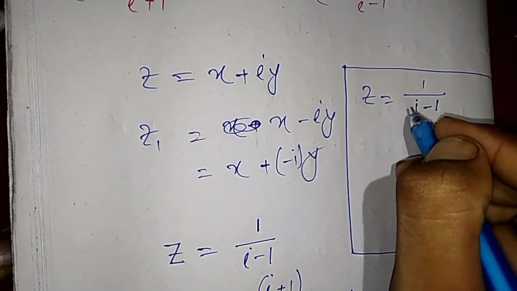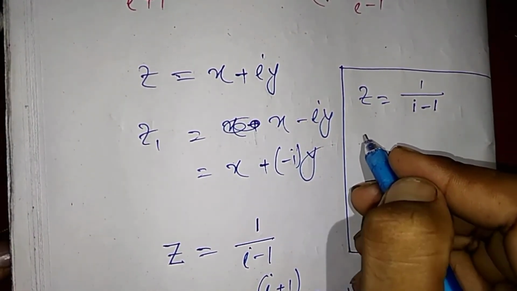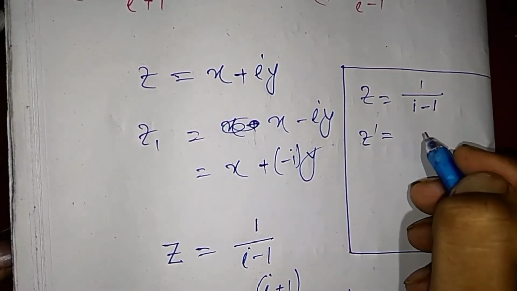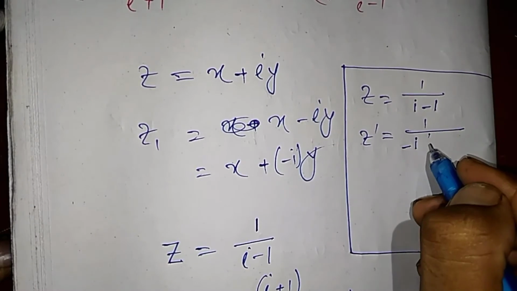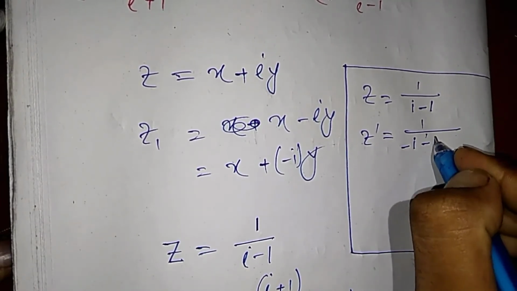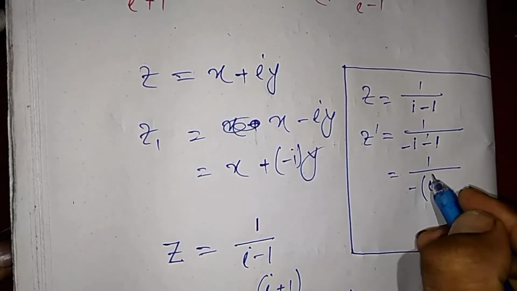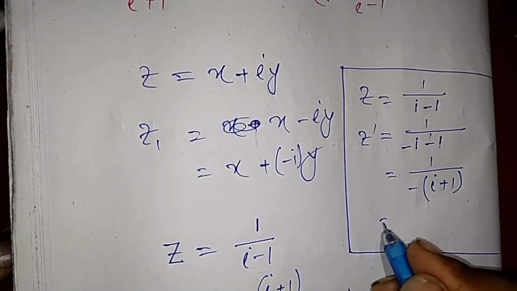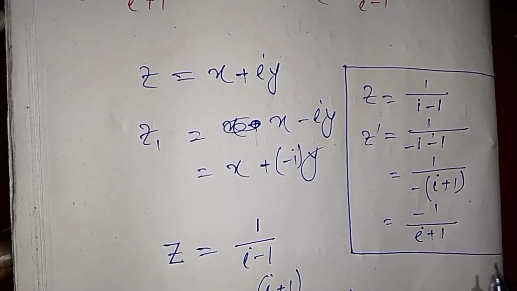So the conjugate complex number z dash equals 1 upon minus 1 minus i, which is equal to 1 upon minus common (i plus 1), which is equal to minus 1 upon i plus 1.